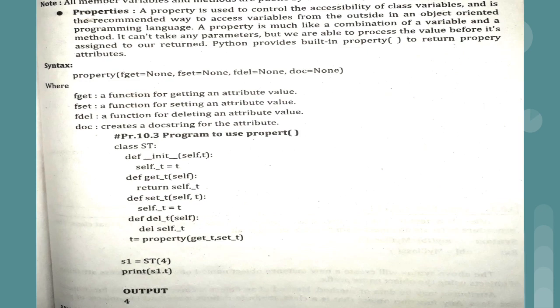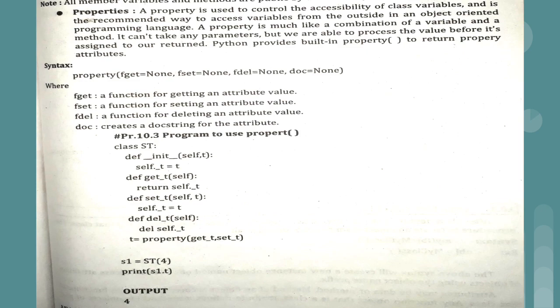When we create the object, s1 = st(4), we have written 4 because in the st class we have a parameterized constructor, so we need to provide one value. And then in the print statement we simply print s1.t. So t is 4, the value 4 is passed to the get_t and set_t methods, and after some calculation the value is stored inside the t variable, and that will be printed as output: 4.